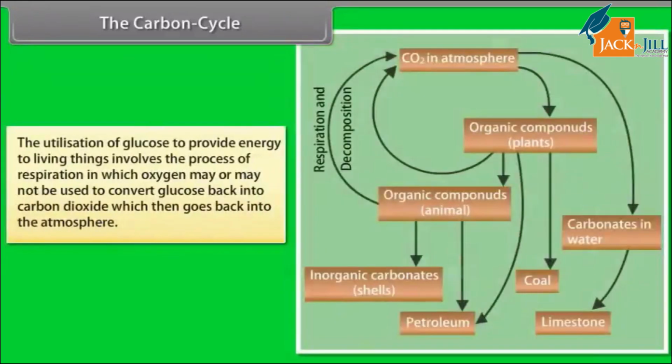The utilization of glucose to provide energy to living things involves the process of respiration, in which oxygen may or may not be used to convert glucose back into carbon dioxide, which then goes back into the atmosphere.